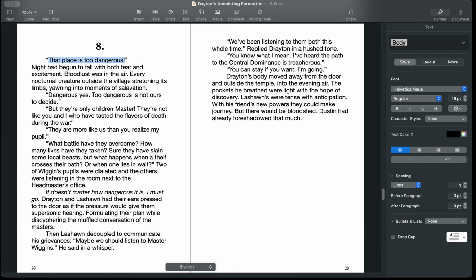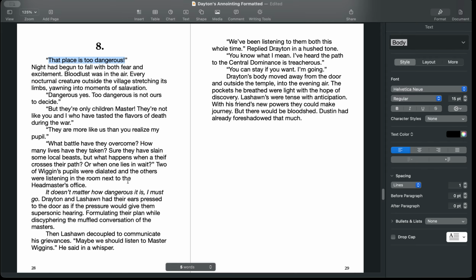We were foreshadowing that the journey that our main characters, Drayton and LaShawn, are going to go on is going to be dangerous. So one of their teachers doesn't want them to go. One is very accepting of that.